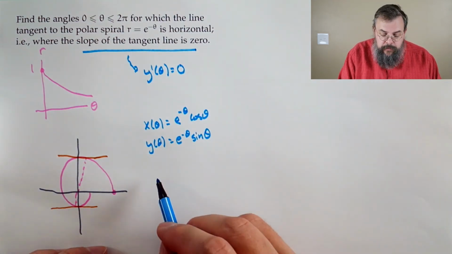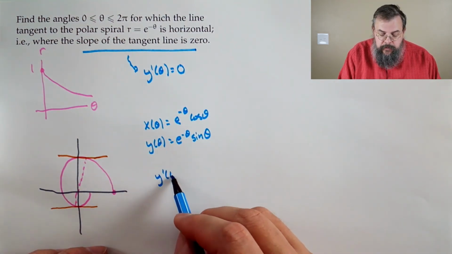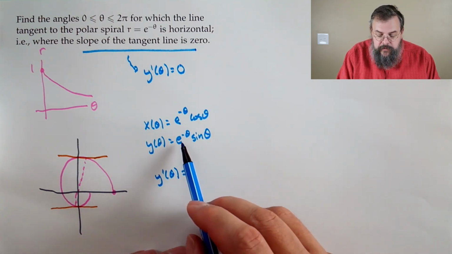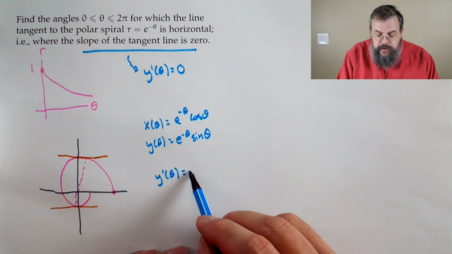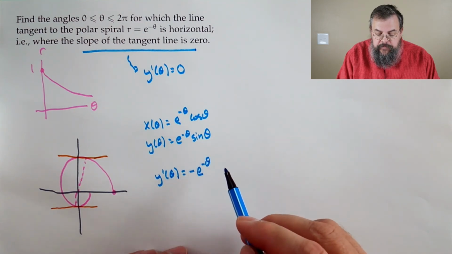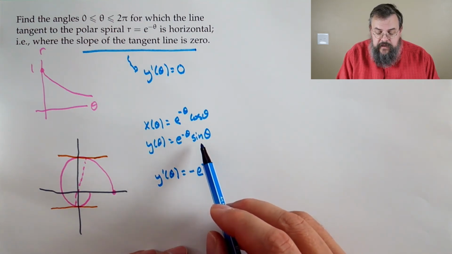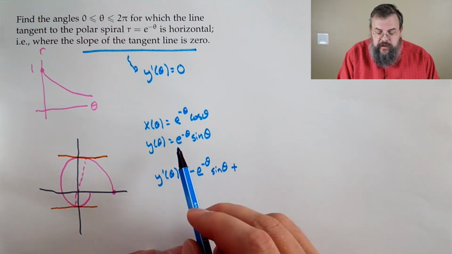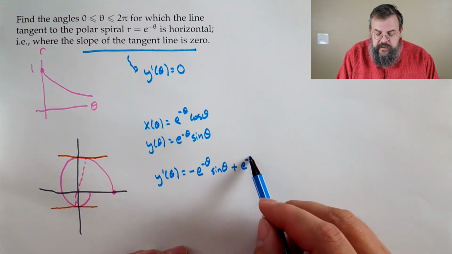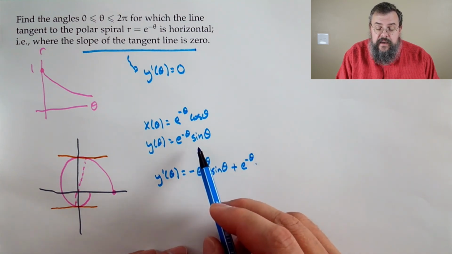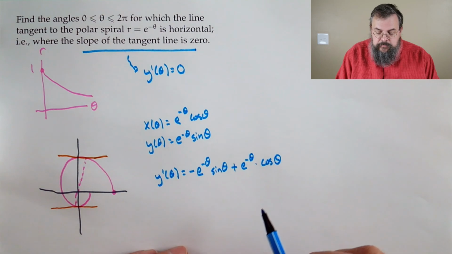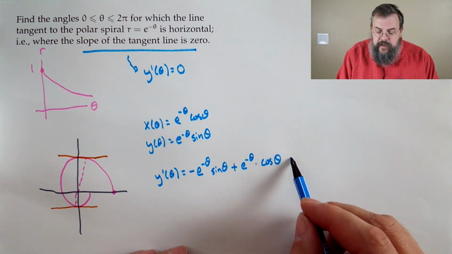Okay, so what is y prime of theta? Well, here we go. It's going to be the derivative of the first, minus e to the minus theta, times the second, sine theta, plus the first, e to the minus theta, times the derivative of the second, which is cosine of theta. All right, and we're going to set that equal to 0.